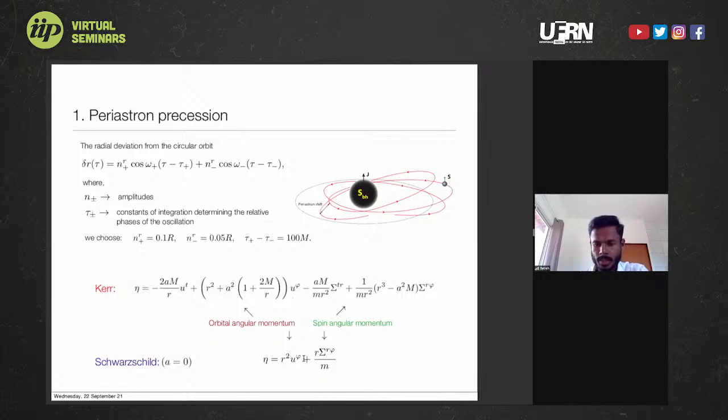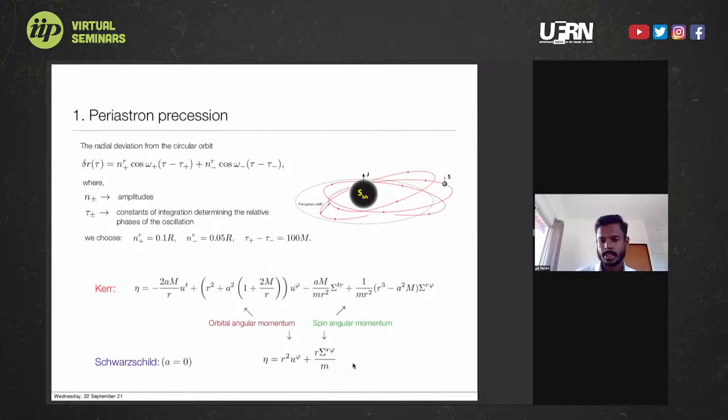Then we write down eta as this, where eta is the total angular momentum, which should be conserved throughout the motion of the particle. And m is, of course, the mass of the particle, which is constant, and u phi is evaluated at the circular reference orbit, which is also constant. So the only variable parameters are radius and spin.